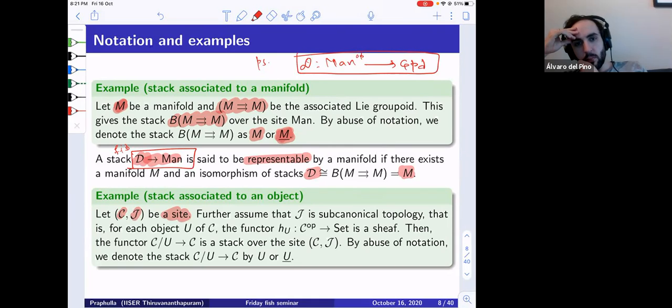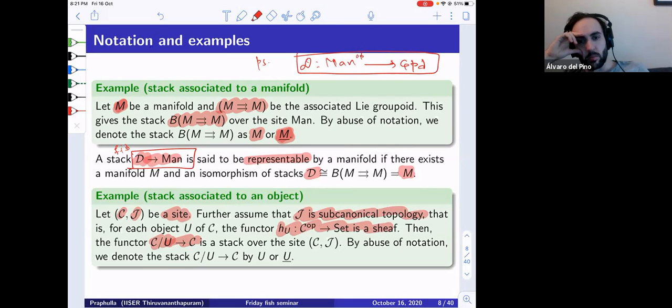We fixed a category C, and consider the slice category C over U and the obvious functor to C. Obvious in the sense that if you take an object V to U, you send it to the object V of the category C. It turns out, if I assume J is subcanonical, which means all the representable functors are sheaves, then this functor is a stack.